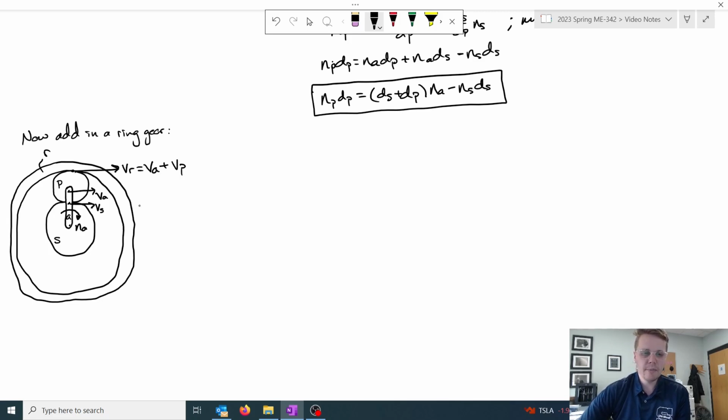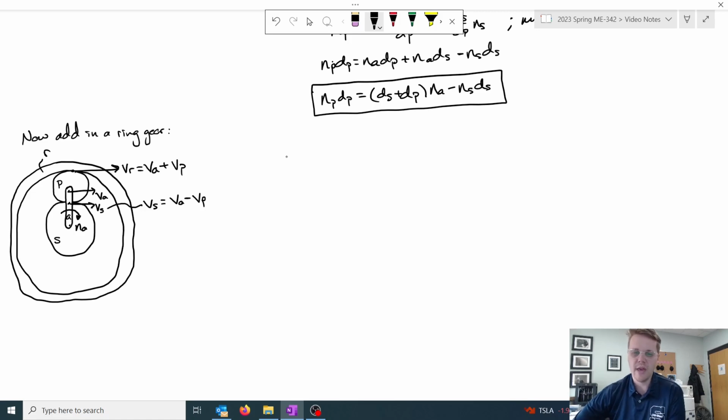And similarly, v sub s, I'll bring this out here for more room to write, is going to be equal to the velocity of the arm minus the velocity of the planet gear, because the planetary gear is rotating in the opposite direction of the sun gear. And so those two things are related and depend on what the arm is doing.